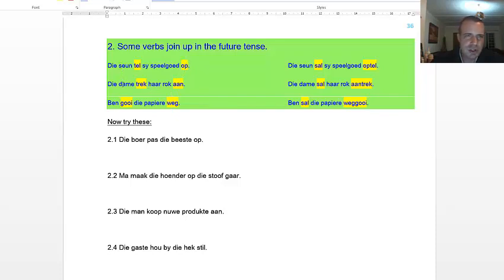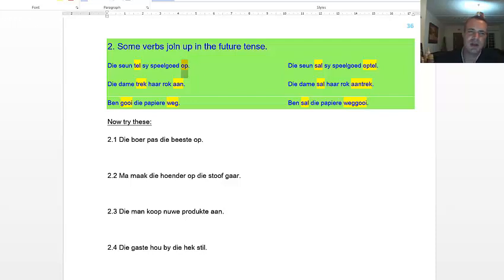For example, here we had die seun tel sy speelgoed op. Now op, as we saw in past tense, is a preposition. So if you see a preposition like op, aan, met, van, onder, bo, those sort of things, then you must know that they join up at the end of the sentence.